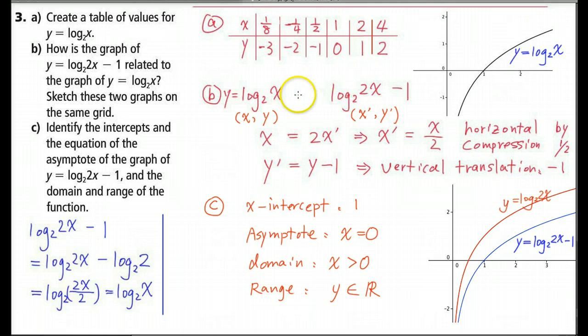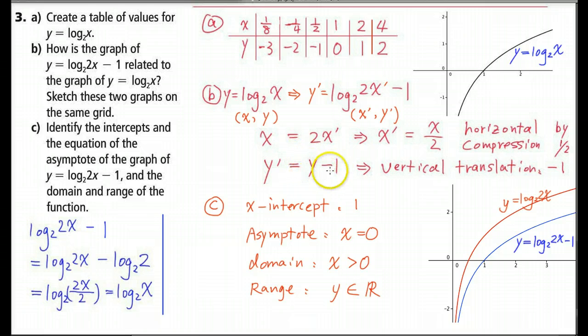So basically any point (x, y) is going to transform to (x', y'). If we make 2x' equal to x, then we get x' equals x over 2. And if this 2x' becomes x right here, then this is going to change to y. So that's why we get y' equals y minus 1.